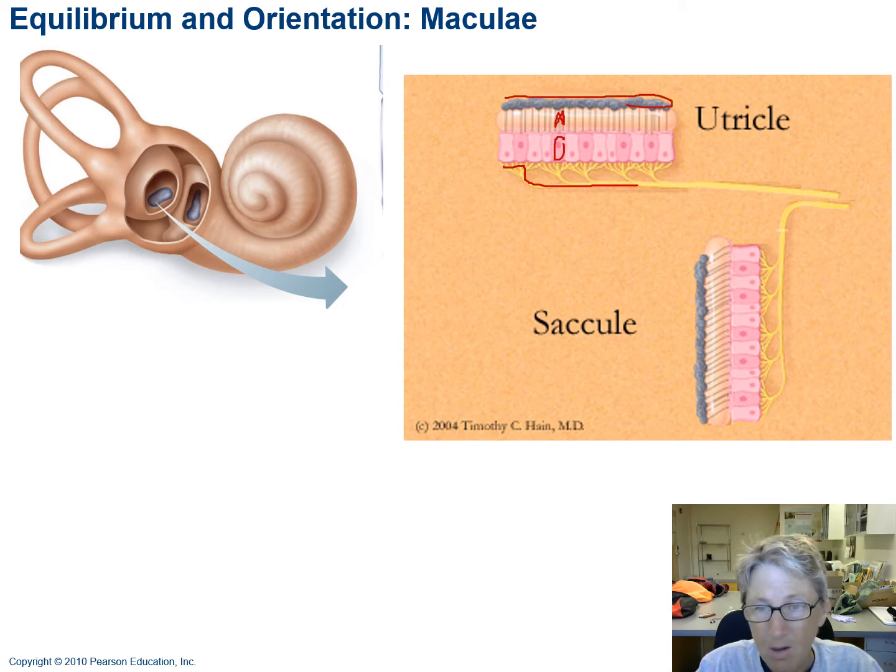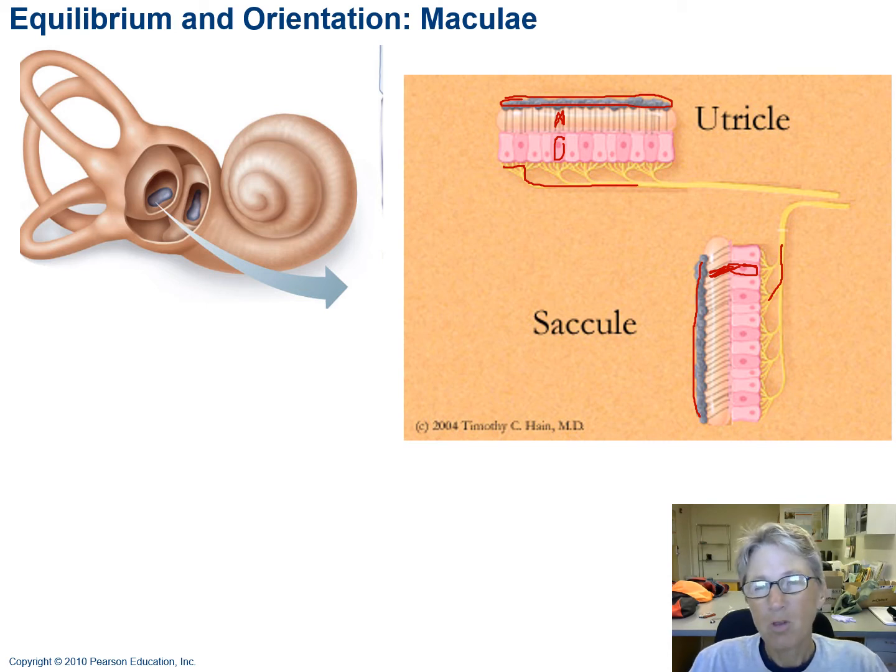Here's the otolithic membrane. And then here's the saccule. It's oriented vertically. So here are the hair cells with their stereocilia and kinocilium embedded in the otolithic membrane here, and here are the fibers of the vestibular nerve.